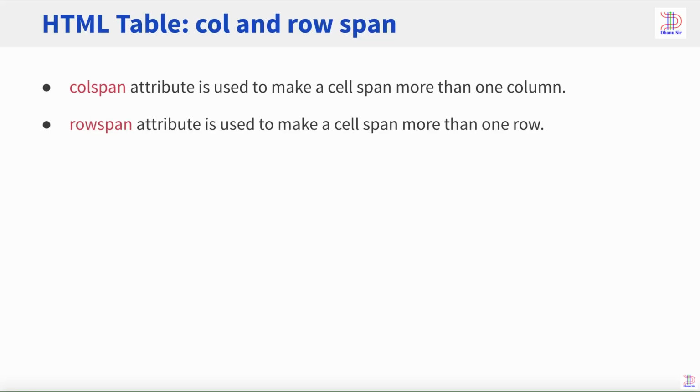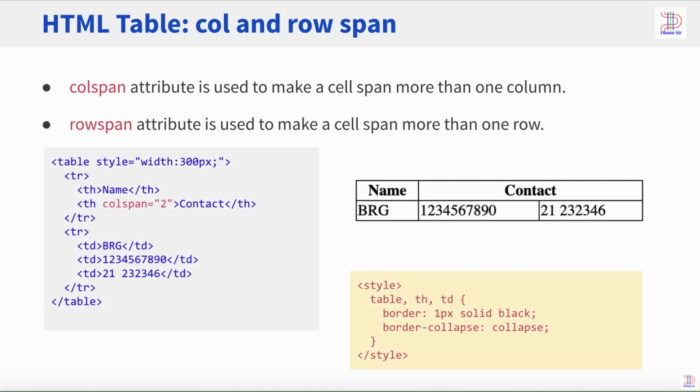Column and row span. The colspan attribute can be used to make a cell span more than one column. The rowspan attribute can be used to make a cell span more than one row. Example: here I have spanned the contact column into 2 using colspan equal to 2.